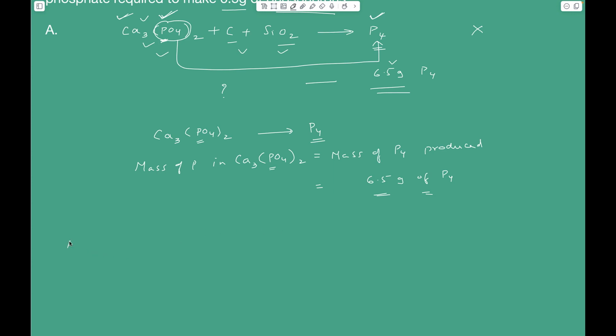Now what is the mass of 1 mole of calcium phosphate? It is 3 times 40 plus 1 times 31 plus 4 times 16, this whole thing twice, in grams, right? So this formula weight of calcium phosphate expressed in grams would be the mass of 1 mole of calcium phosphate.